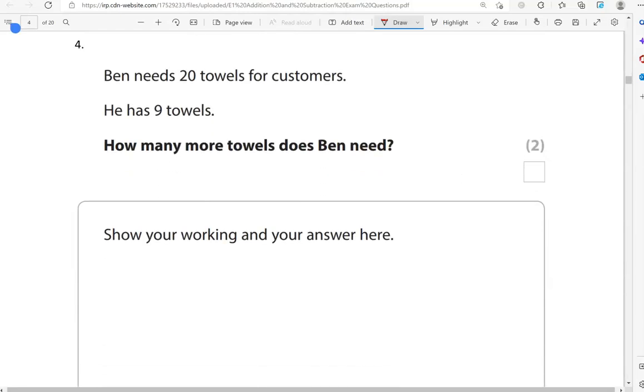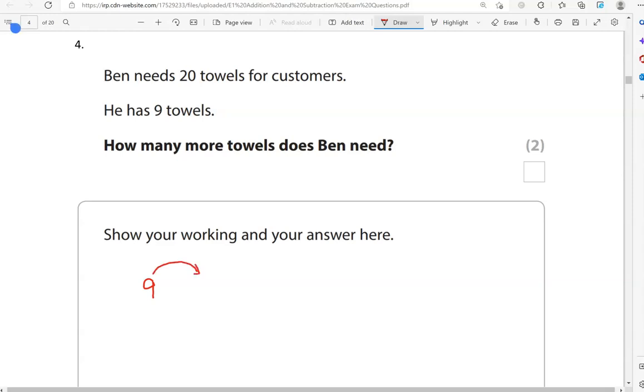Ben needs 20 towels for customers. He has 9 towels. How many more towels does Ben need? So he has 9 and he needs to get to 20.